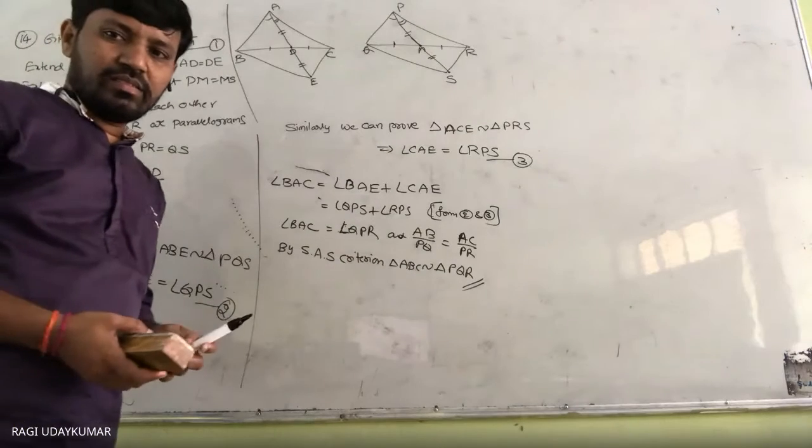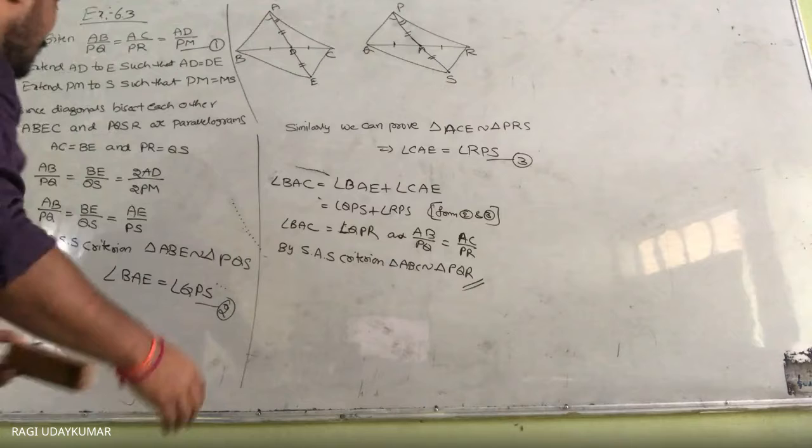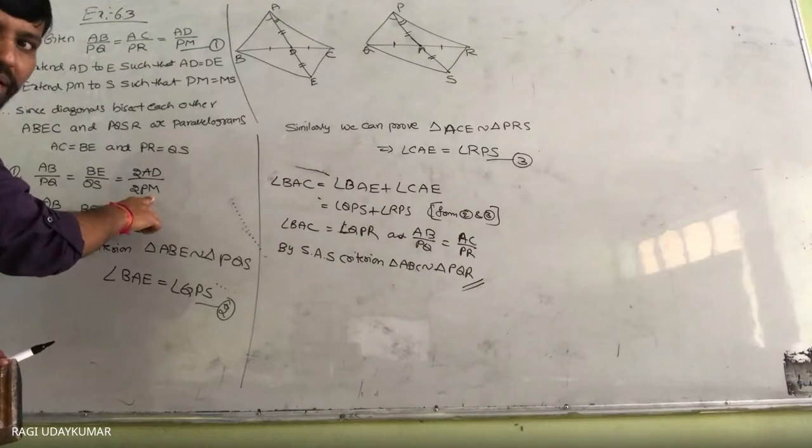So the line where you have written AB by PQ equal to BE by QS equal to 2 AD by 2 PM. Her voice is not audible properly to me, actually. She is telling where you have multiplied the medians by 2. Yes, sir. Why I have multiplied? She's asking that one line, you please explain again.